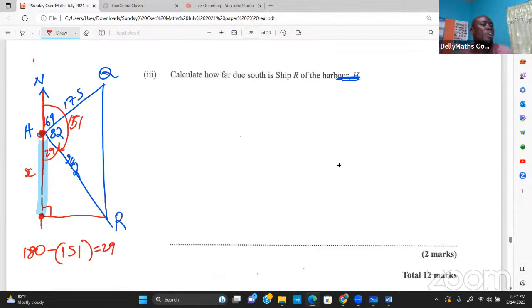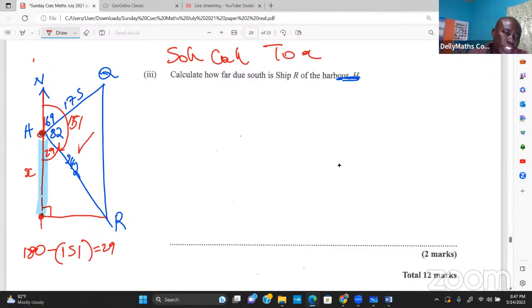Now, that angle will help me to find X because it's a right angle triangle. For the angle 29, I have the adjacent and I have the hypotenuse, so I'm going to be using cosine.